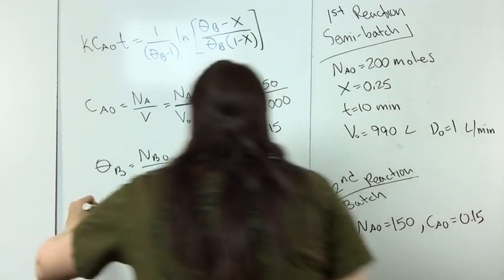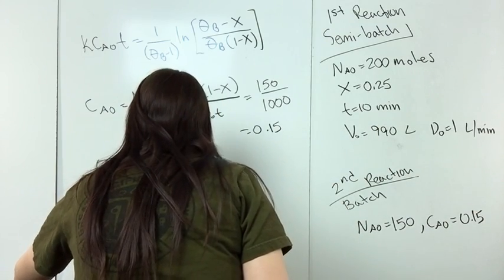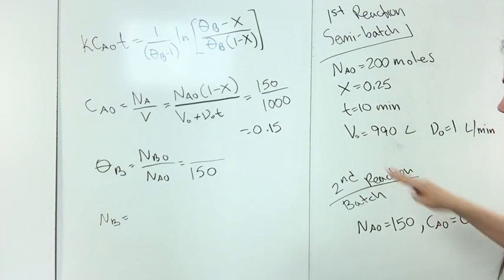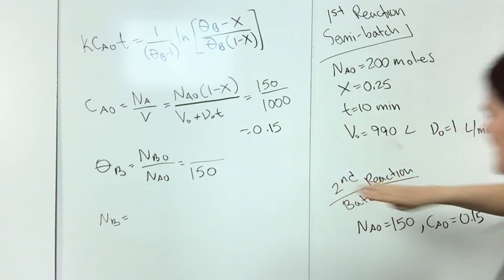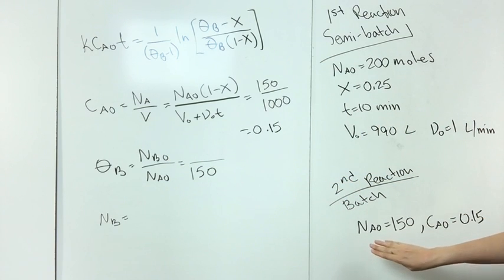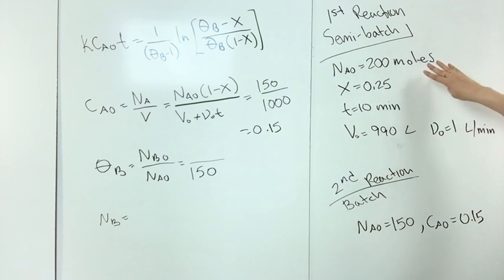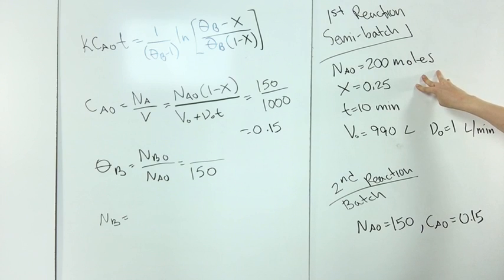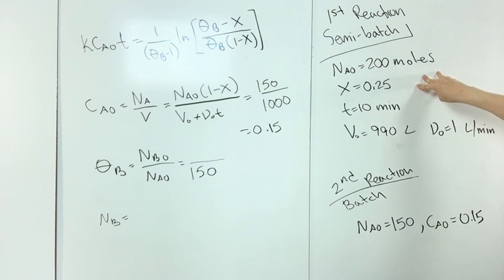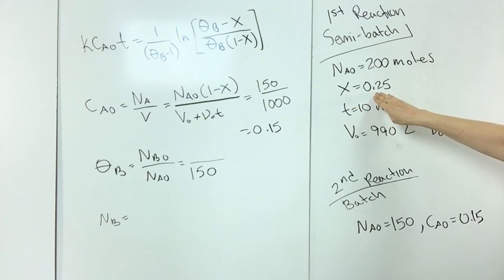So the Nb naught we have in here is, you started out with a certain amount of B. You actually start out with 0, but you added some. So you can calculate how much you added, and then you can calculate how much was reacted because you know what the conversion is.